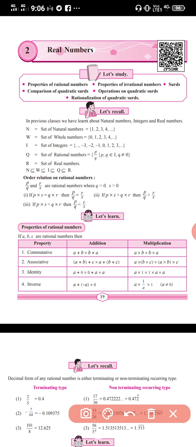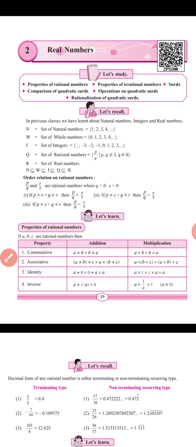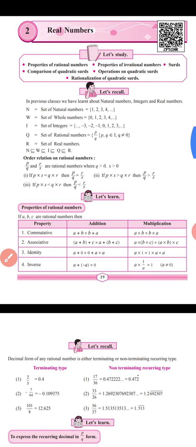or the set of rational numbers. Now, order relation on rational numbers. Here are three properties on rational numbers. If there are two rational numbers, the first one is p upon q and the second one is r upon s, where q is not equal to 0, q is greater than 0 and s is also greater than 0.